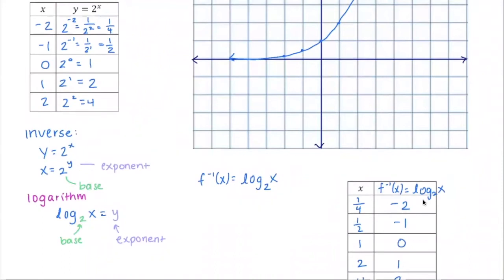So we have 1/4, -2, 1/2, -1, 1, 0, 2, 1, and 4, 2.